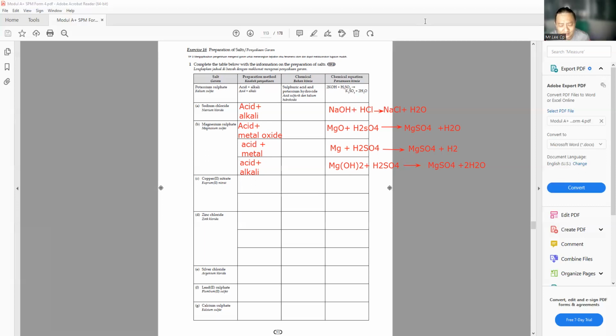Many answers, so okay, no fixed answer. CuO plus HNO3 or Cu plus HNO3, nitric acid. Cu plus HNO3 is metal plus acid, then we'll get hydrogen gas released.